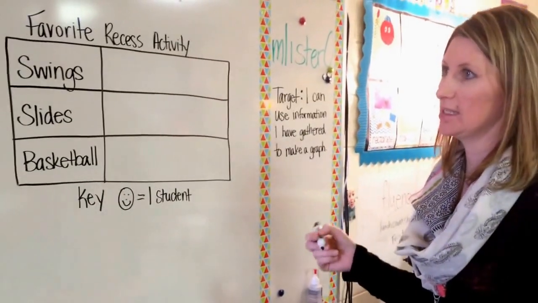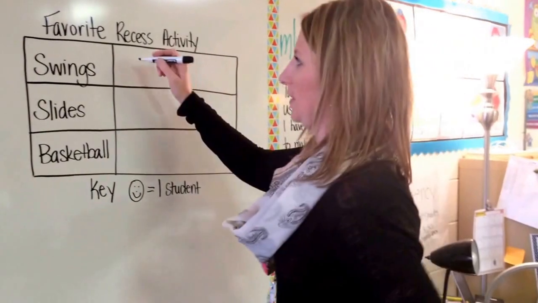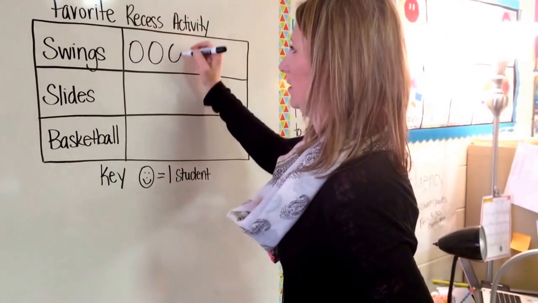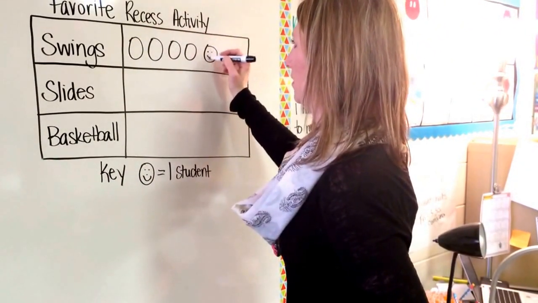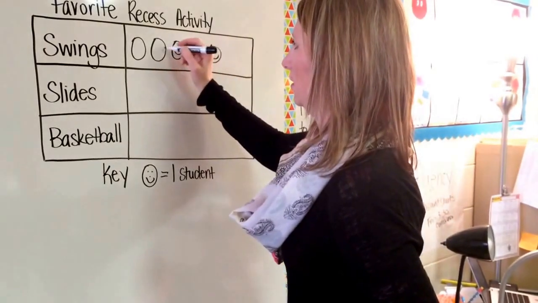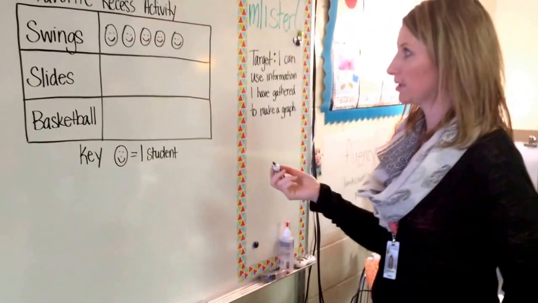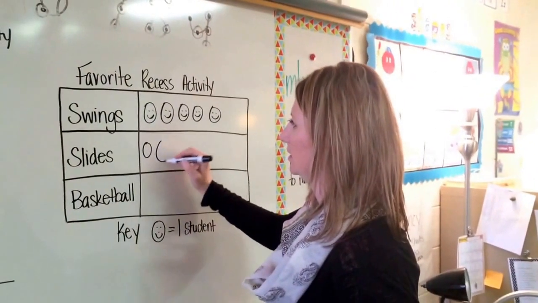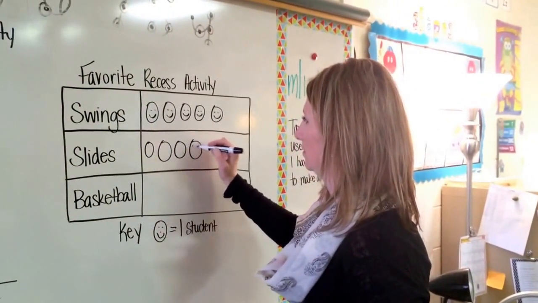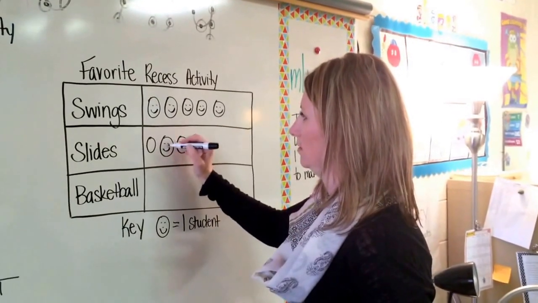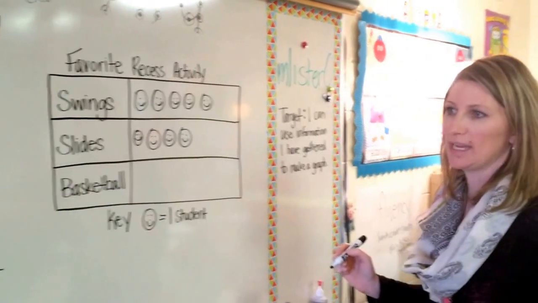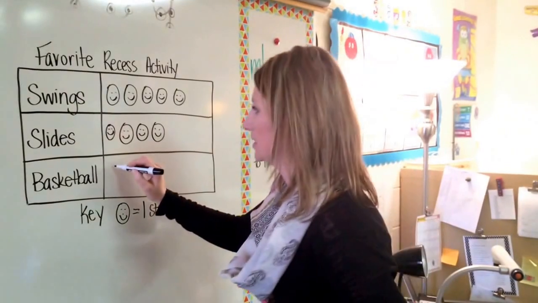So on the swings, there was 5 students, so I'm going to put 5 smiley faces. On the slides, there was 4, so I'm going to put 4 smiley faces. And playing basketball, there was 8, so I'm going to need 8 smiley faces.